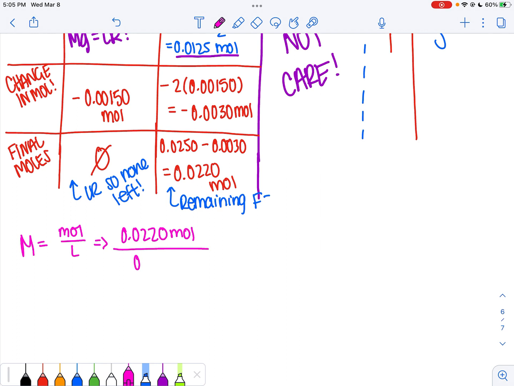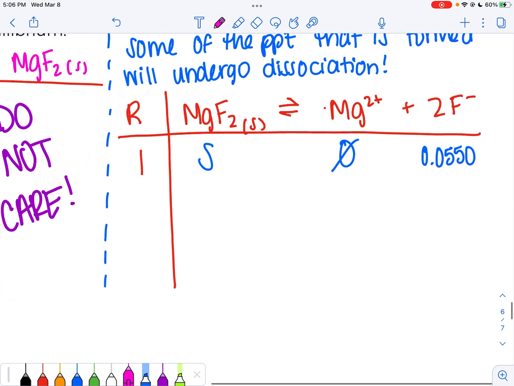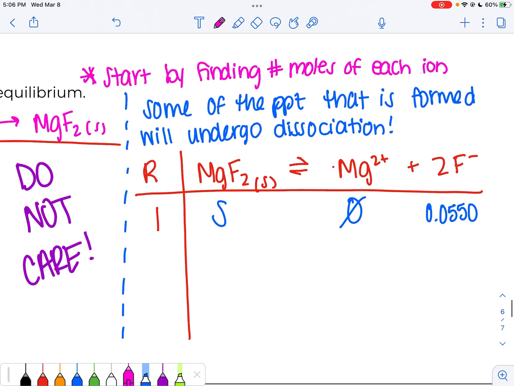So add them together and you get 400 milliliters. So we have 0.400 liters of solution. So when we do this, this is how we end up with our concentration of our fluoride ions, because that's the amount of fluoride that's still dissolved in our 400 milliliters of solution. So that's why it's our initial over here. Sorry, forgot to do that step real quick.